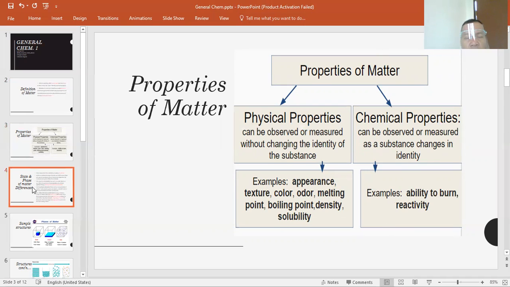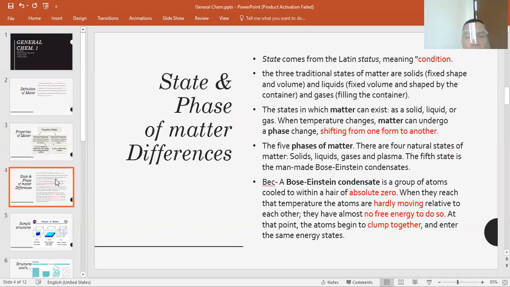And the difference between state and phase. State comes from the Latin status, meaning condition. There are three common states of matter: solid, liquid, and gas.